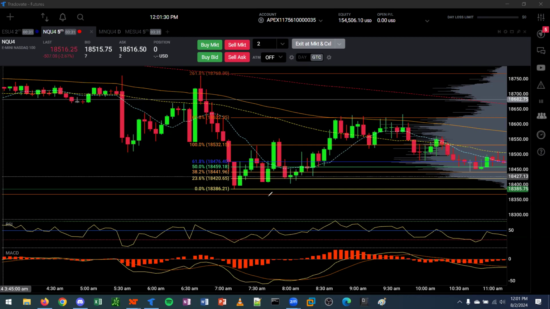So at the end of the day, it's a matter of waiting till you get an alignment on the fib, on the moving average, on the RSI. You get the MACD confirming a crossover, so you're better off when those things align.